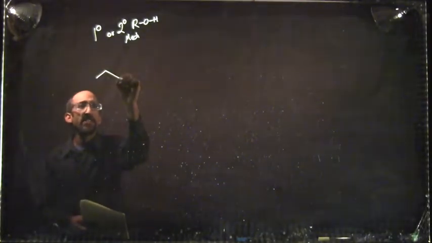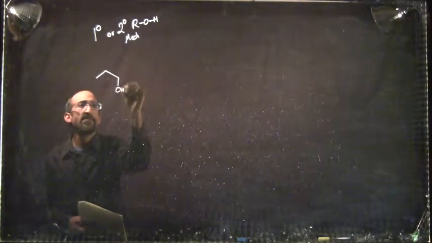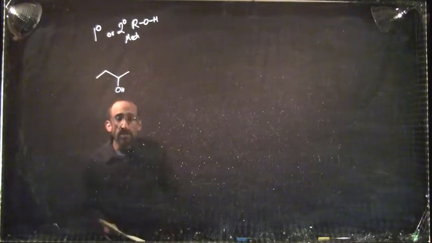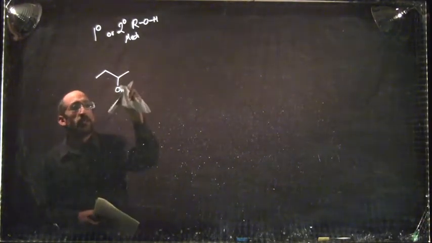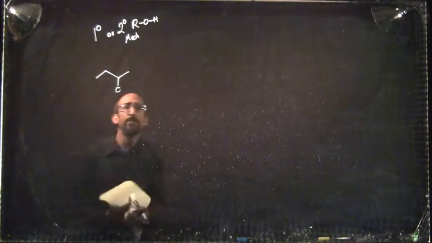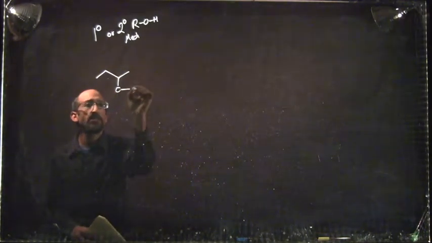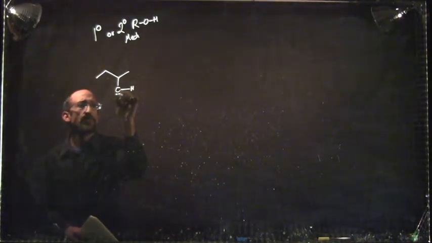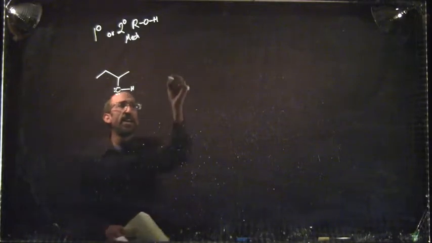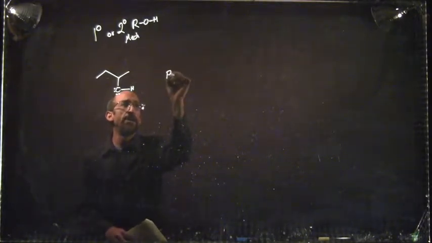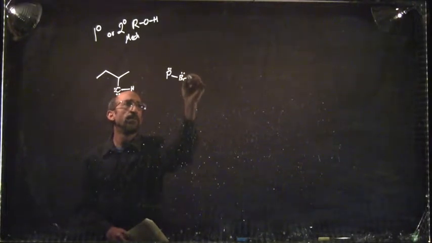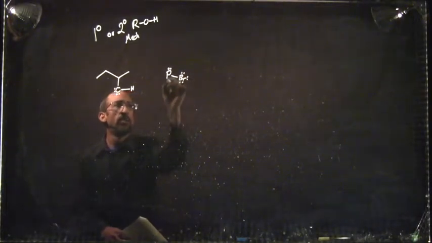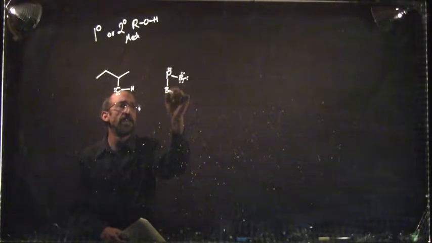All right, so I'm now actually not just going to use a generic alcohol, but I'm going to use a specific secondary alcohol right here, and let's draw out this OH bond explicitly, since we're going to be pushing arrows. And we'll draw out our phosphorus tribromide with all of its electrons as well.